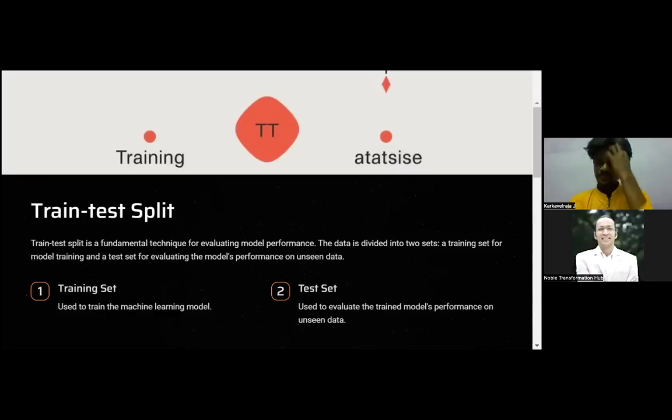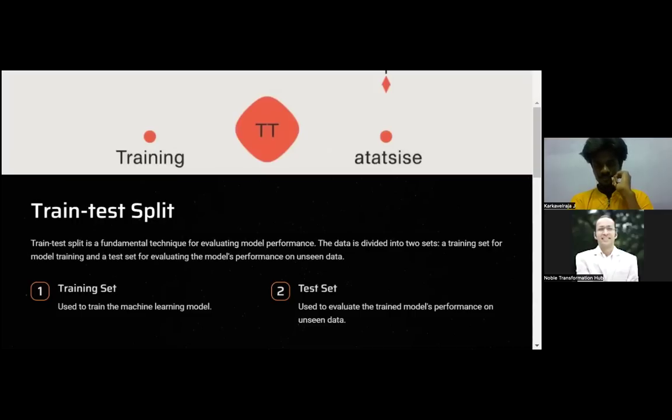So you have to do this. Data is divided into two sets: a training set for model training, and a test set for evaluating the model performance on unseen data. Train, test, and split is very important, because you have to split it for test and train.